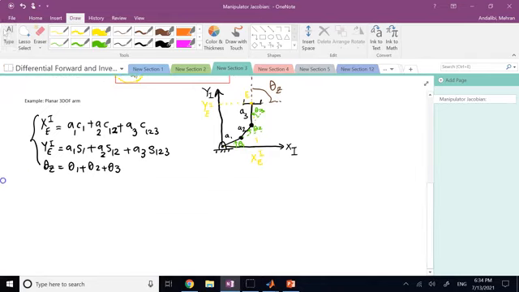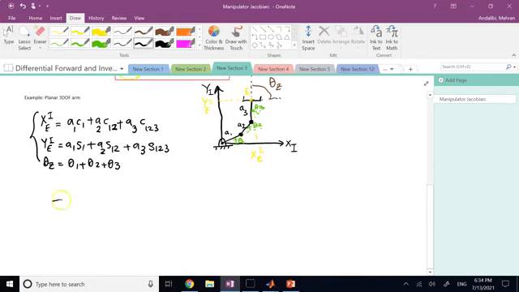So now if I say what is the velocity of the end effector, which in this case is x dot and y dot and theta dot, which you can call what? Omega z, right? You can call it theta dot for now.